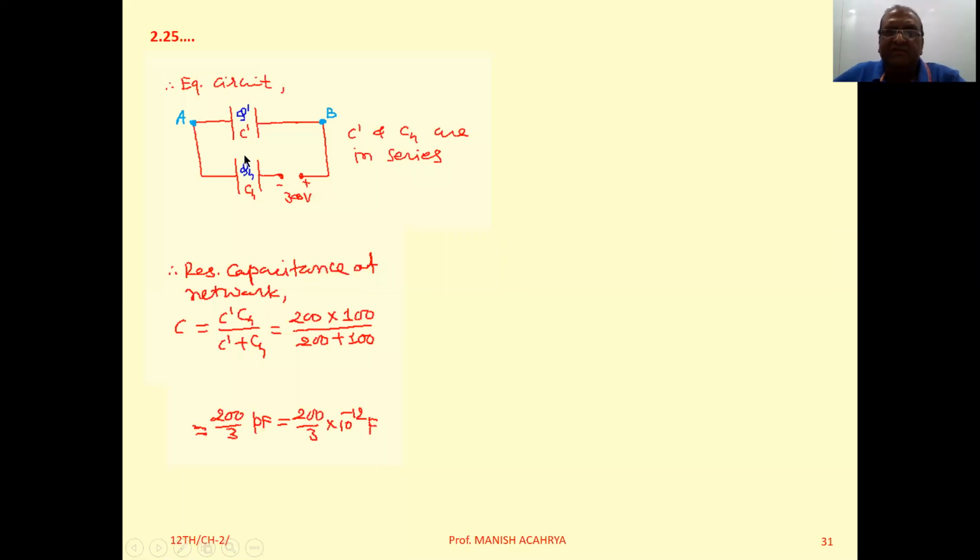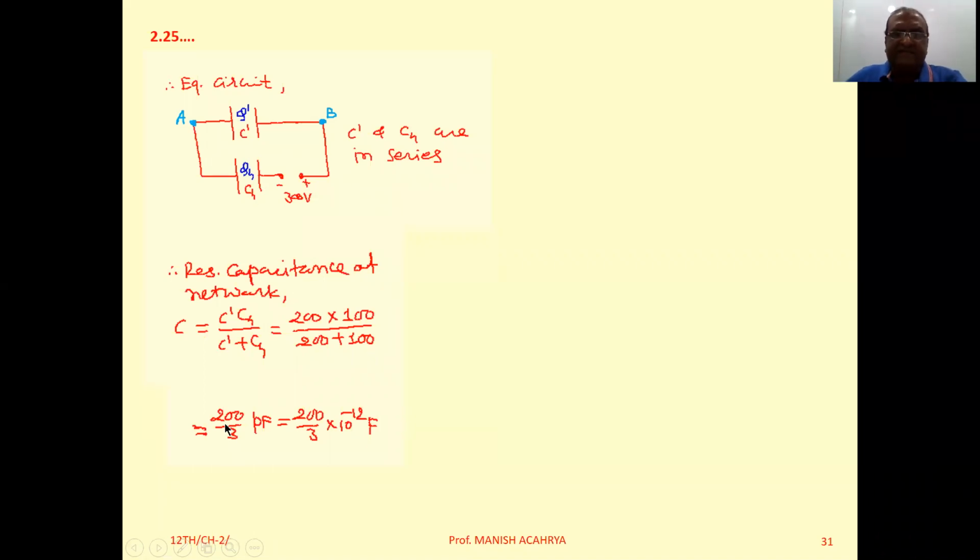So for this equivalent circuit in which C dash and C4 are in series, the resultant capacitance of the entire network, C, is equal to C dash C4 upon C dash plus C4, that is equal to 200 into 100 upon 200 plus 100.